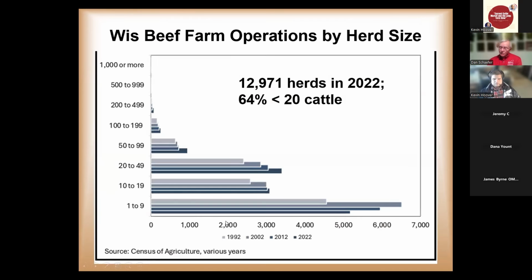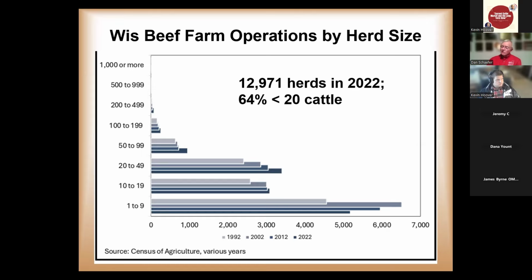Just one slide from the state of Wisconsin, and I realize this may not be of terrible interest to the audience, but in this state, we have almost 13,000 herds of beef cattle operations where beef cattle are found. 64% of them are less than 20 head of beef cattle. And in fact, this slide shows that the most numerous number of populations are those ranging from 1 to 9.